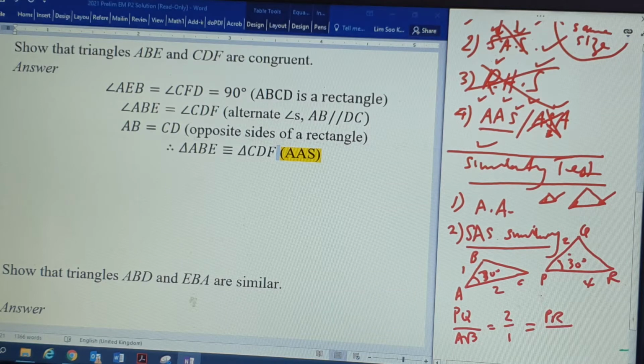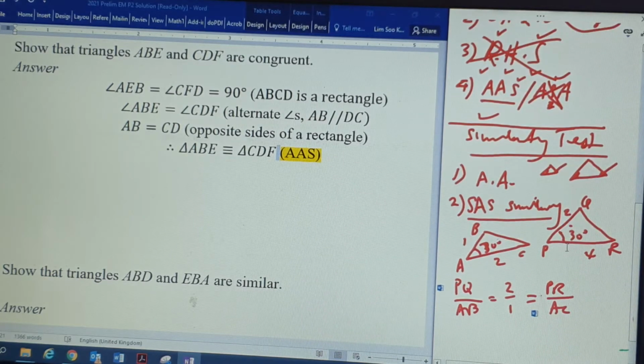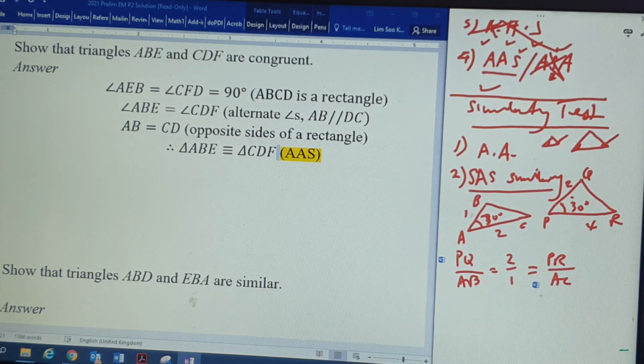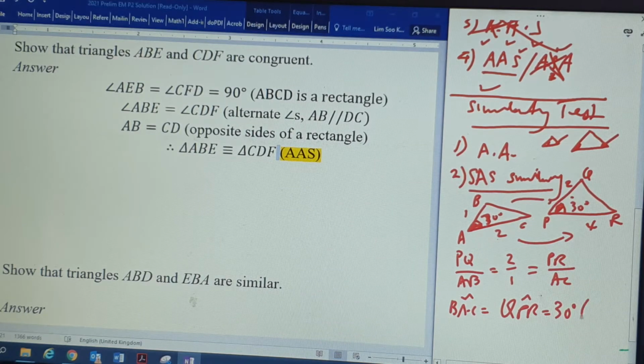PR over AC is also 2 over 1, which is 2. Don't you agree they have a scale factor of 2? So they are actually similar because you also have this angle must be the same. If this angle is 30, then this one is 15, then they are of course not similar. So you must state very clearly, BAC equals QPR, and it equals 30 degrees. How do you know? It is given.